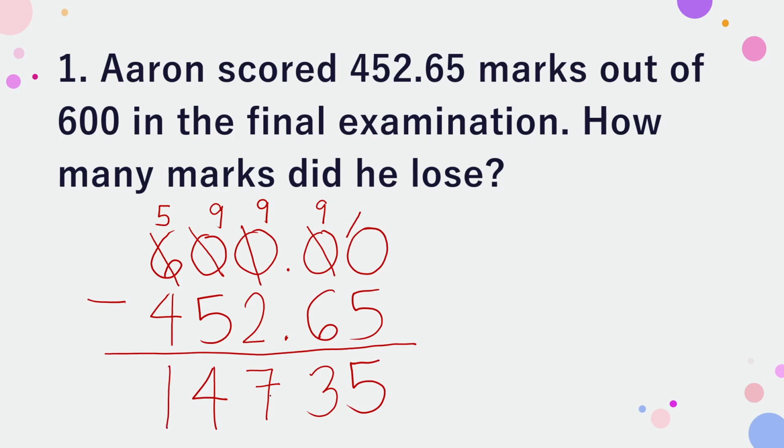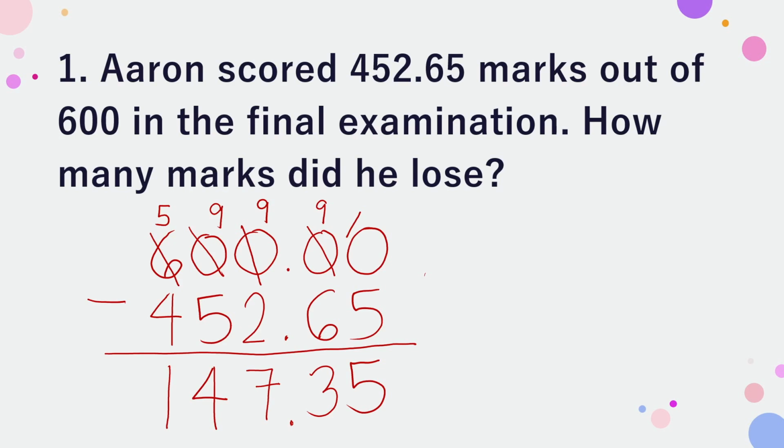So the decimal point goes here. Do not forget, by the way. That is the answer to the problem. Meaning, Aaron lost 147.35 marks in the final examination. Is the first question clear, by the way?